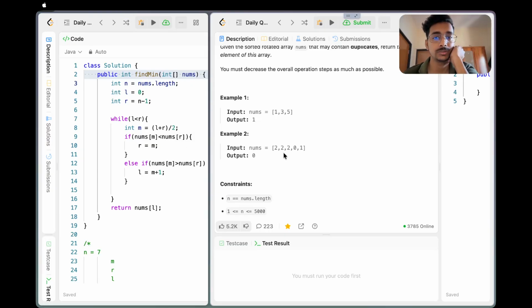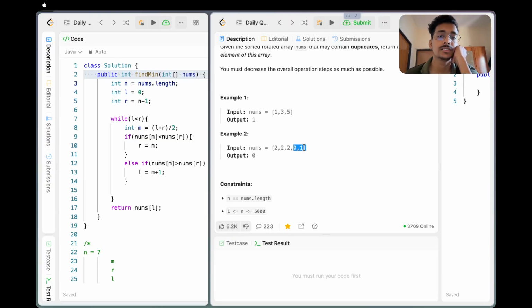Wait, I'm making a mistake. No, this is failing, right? Nums of mid is actually greater than r. That means left will come to this point.